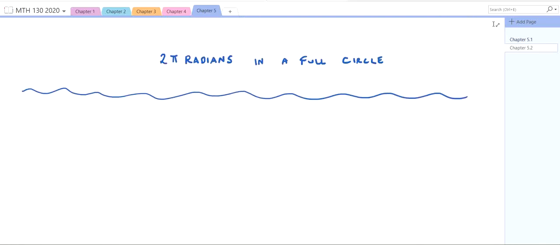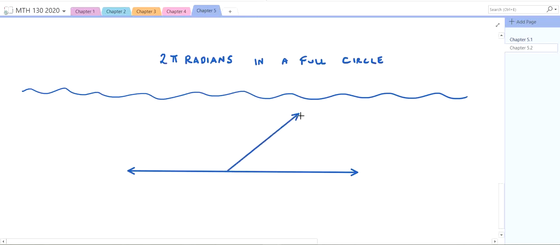Okay, so let's go back and talk about angles between lines again. So suppose I have a line here and I shoot, I guess what you'd call a ray off of it in this way. So I have a straight line and then I have it intersected by another line that touches here.